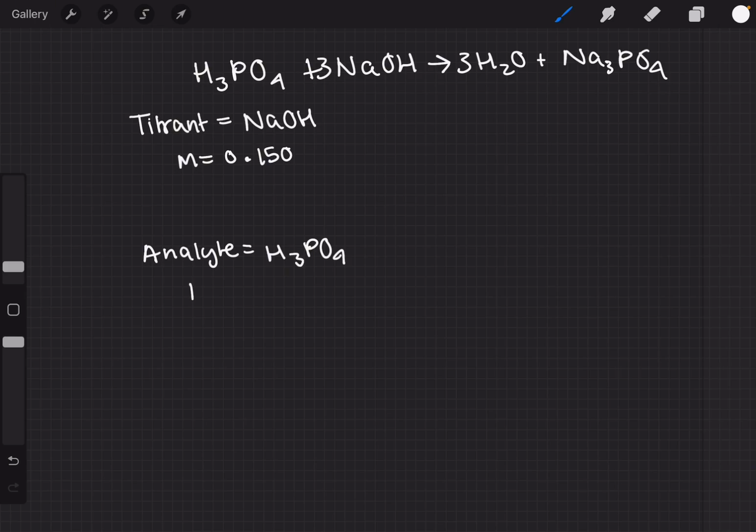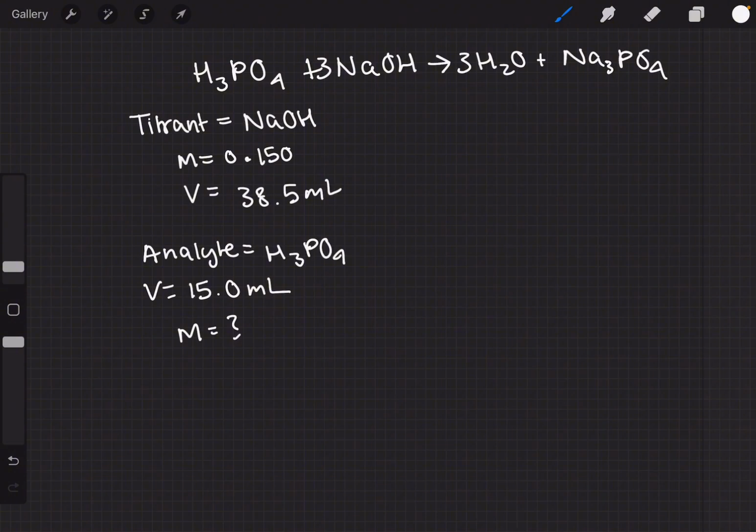So we know the volume, but we don't know the concentration. However, we do know that it took 38.5 milliliters of the titrant to neutralize this phosphoric acid in our titration experiment.